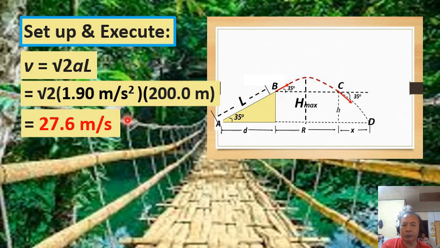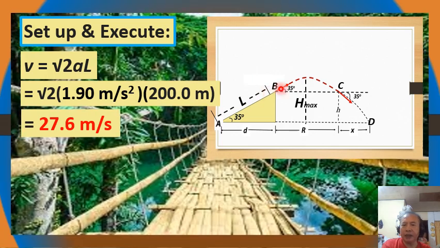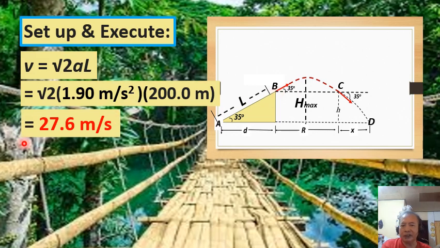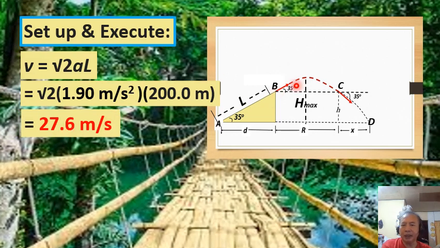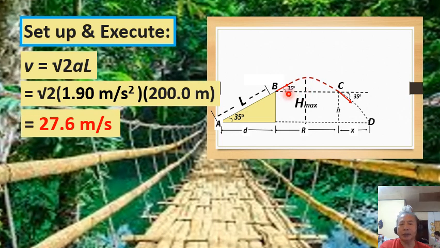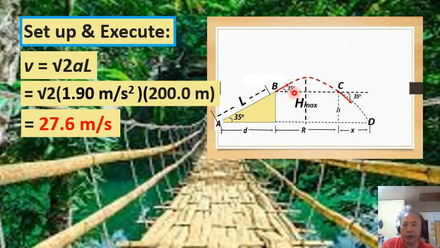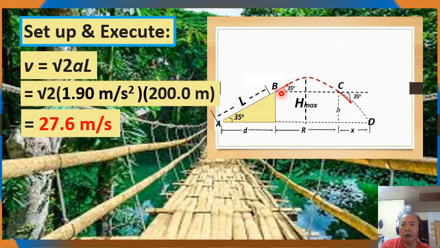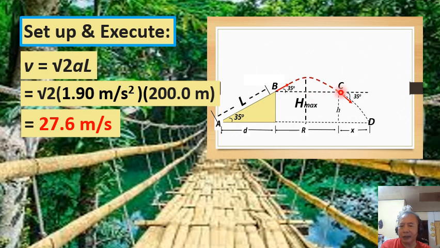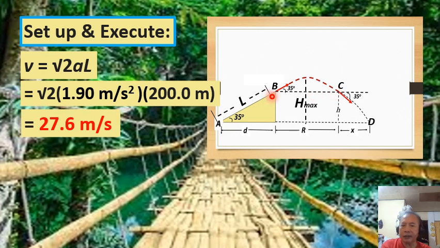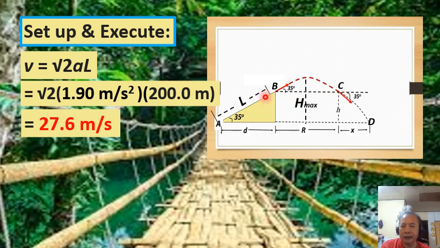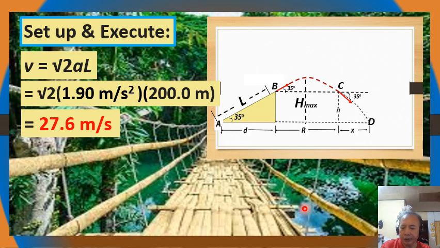So 27.6 meters per second, therefore, becomes its initial velocity, with the same magnitude, 27.6 meters per second, and with the direction represented by the angle 35.0 degrees above the horizontal line, the horizontal line connecting the two points B and C. B and C are at the same level.